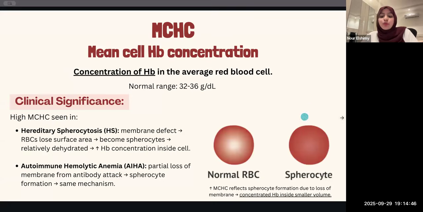So this is how it would normally look. This is a normal red blood cell, and this is a spherocyte. As you can see, it's more dense in color. So this just shows you it has a very concentrated amount of hemoglobin inside a smaller volume. All right. This is the only clinical significance you guys need to know about MCHC. There's nothing much more you need to know about this.